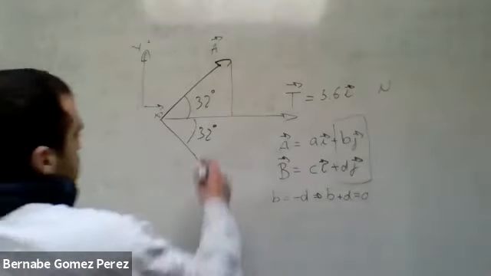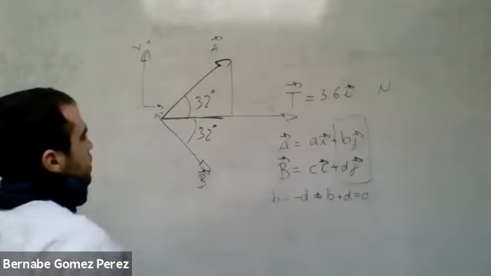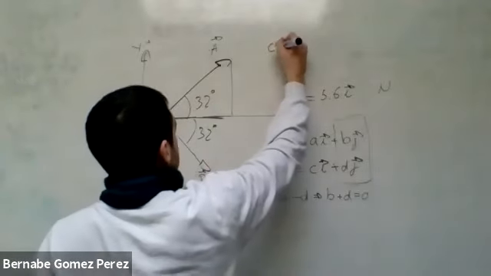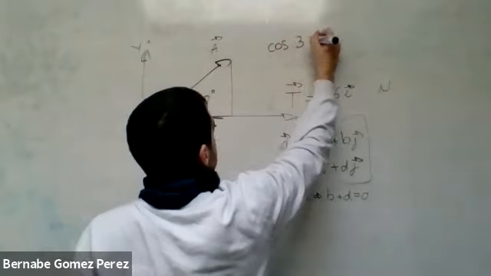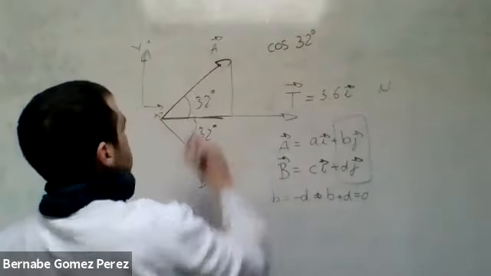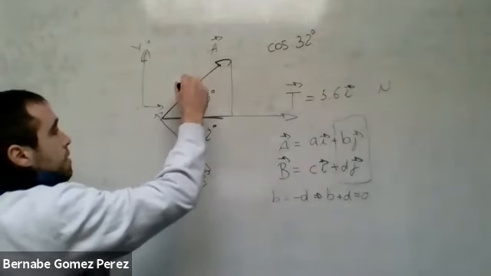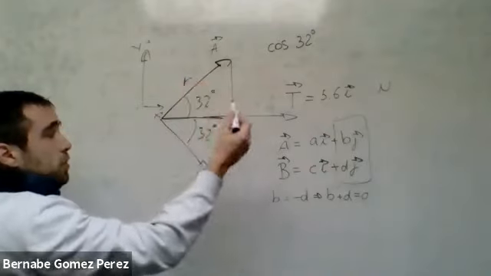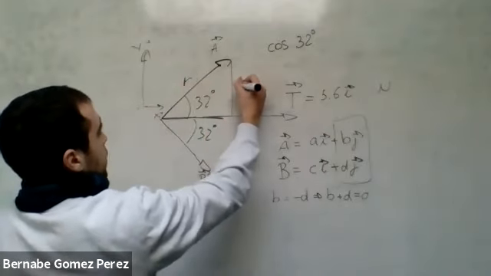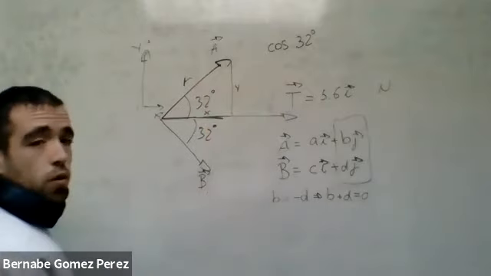Because this is 32 degrees, so we know that the cosine of 32 degrees is equal to, I'm gonna call this, let's say, R, okay? I'm gonna call this R, and I'm gonna call this Y, and I'm gonna call this X, okay?